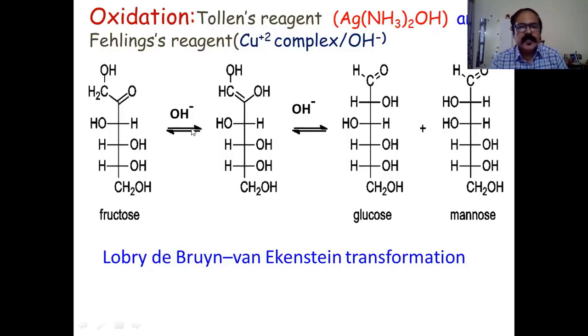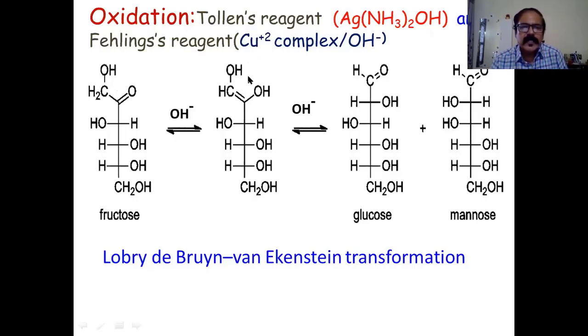So in the presence of hydroxyl group, or base, or alkaline medium, this fructose undergoes keto-enol tautomerism. When keto-enol tautomerism happens, this second carbon will be converted into an alcohol, and the first carbon will have a double bond, the enol. This will further undergo rearrangement, or reverse keto-enol tautomerism, and this double bond will migrate towards the hydrogen and oxygen.